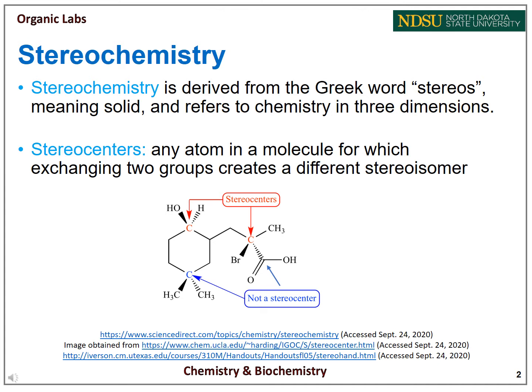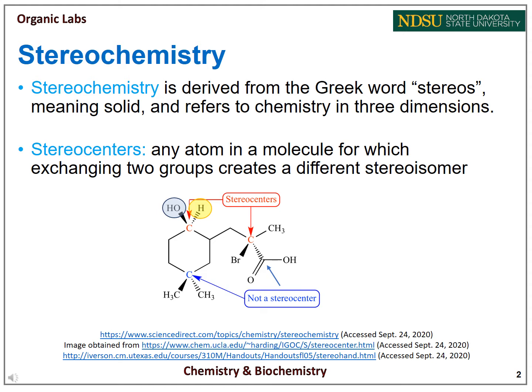Stereocenters are any atom in a molecule bonded to 3 or more atoms, or 4 for carbon, for which exchanging 2 groups which are attached to it would create a stereoisomer. So, for example, if I were to exchange this hydrogen and this hydroxyl group, the resulting molecule would be a stereoisomer, which I will explain shortly.